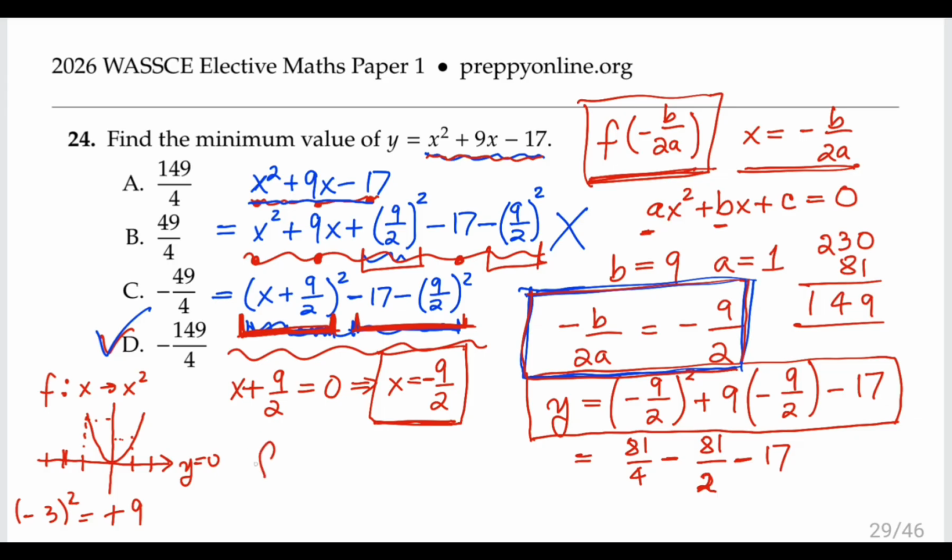And so if you find the value of y when x equals minus 9 over 2, you will get your minimum. And we've already done this twice already. So we know that if you put x equals minus 9 over 2 in this expression, you're going to get minus 149 over 4.